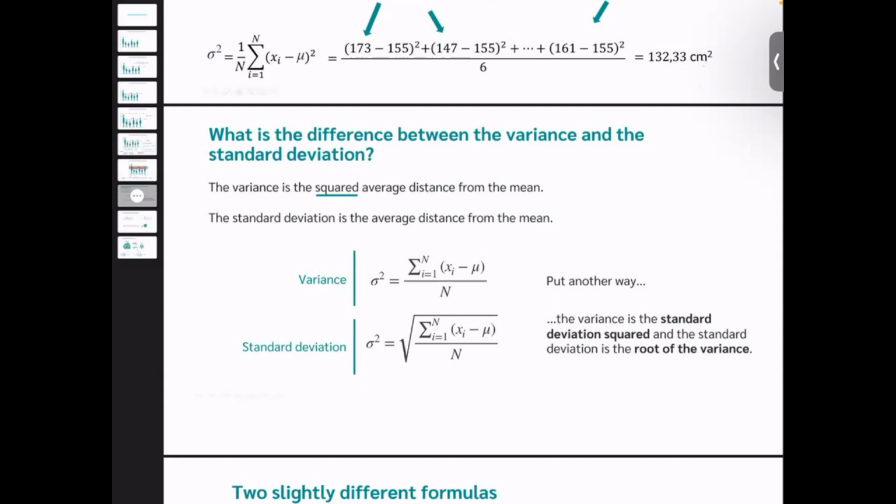Because what you do is you take each of the heights of these people, subtract the mean, you square it. If you add them up, you divide it by the number of people, then the mean should be close to the value of each individual, right? As opposed to I have another population, say I have one person very tall, the other person very little, and then in between, and then a really short one, a really tall one. When you take each individual height, subtract the mean, you're gonna have a big number, and you square it even bigger, right?